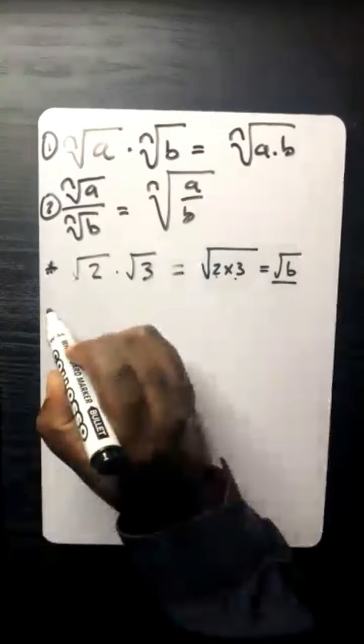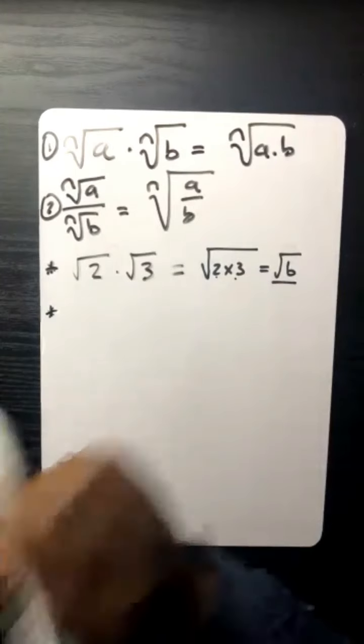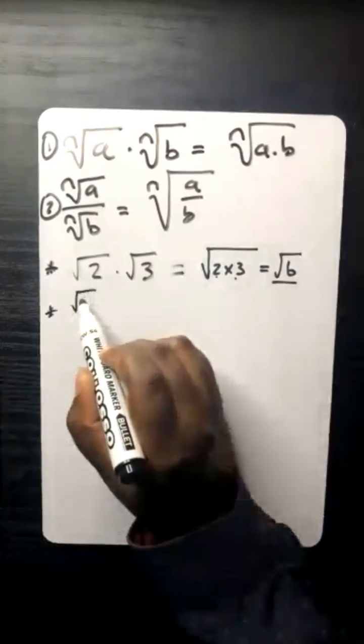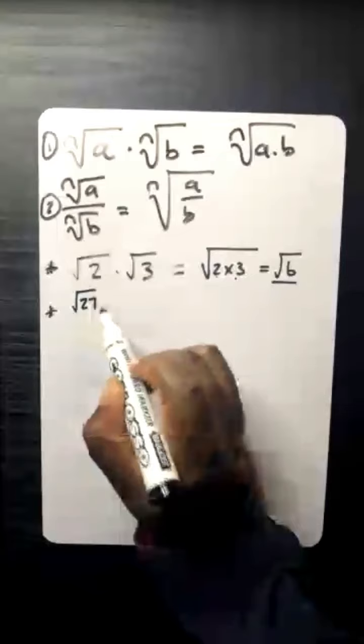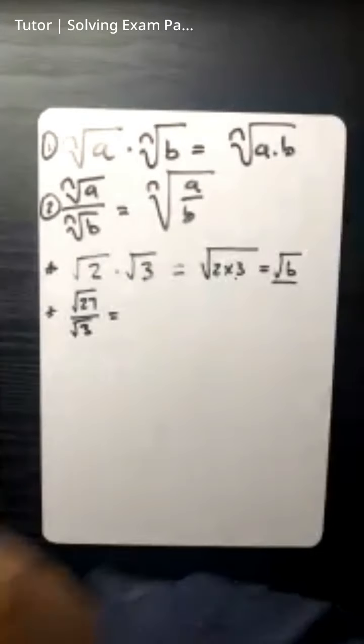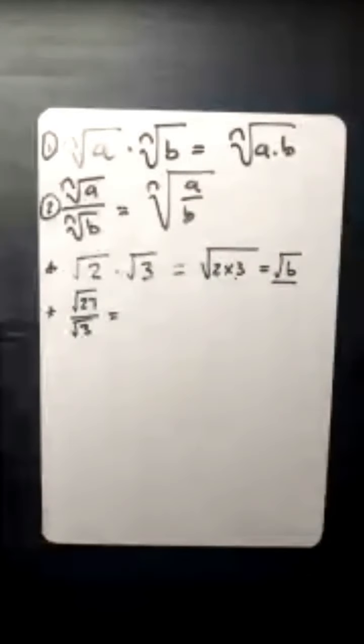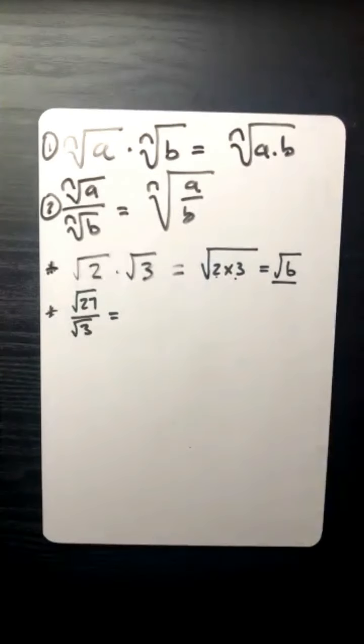So now let's have a look at the second type of problem. Let's say you may be given square root of 27 over square root of 3. In this case, is there someone who wants to guess between rule number 1 and rule number 2? Which rule can we apply in this case? Rule number 2, sir. 100%.